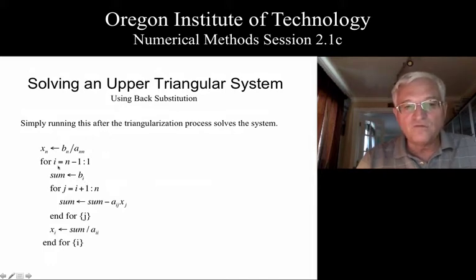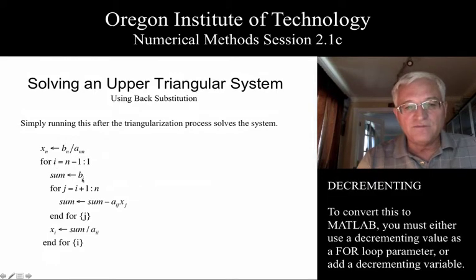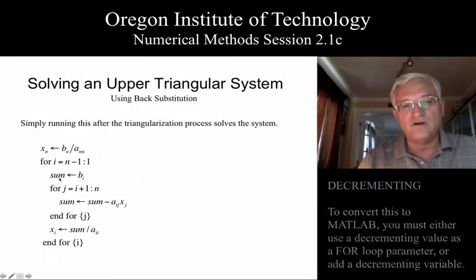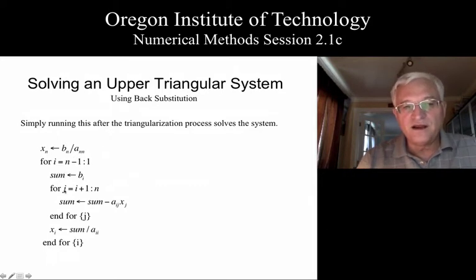So I'm on row n minus 1. If we just start this thing from the top, I let I equal n minus 1. Well, I'm using b sub n minus 1 because that's what I is on the very first pass. I overwrite a brand new variable called sum. Then I am going to set up a second inner loop which starts with 1 greater than the row number and goes all the way out to n.